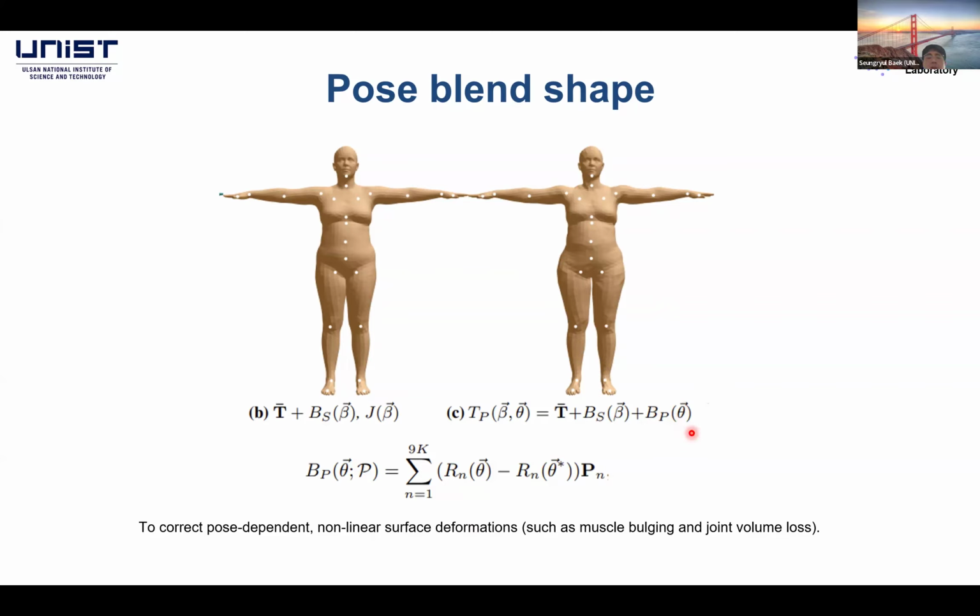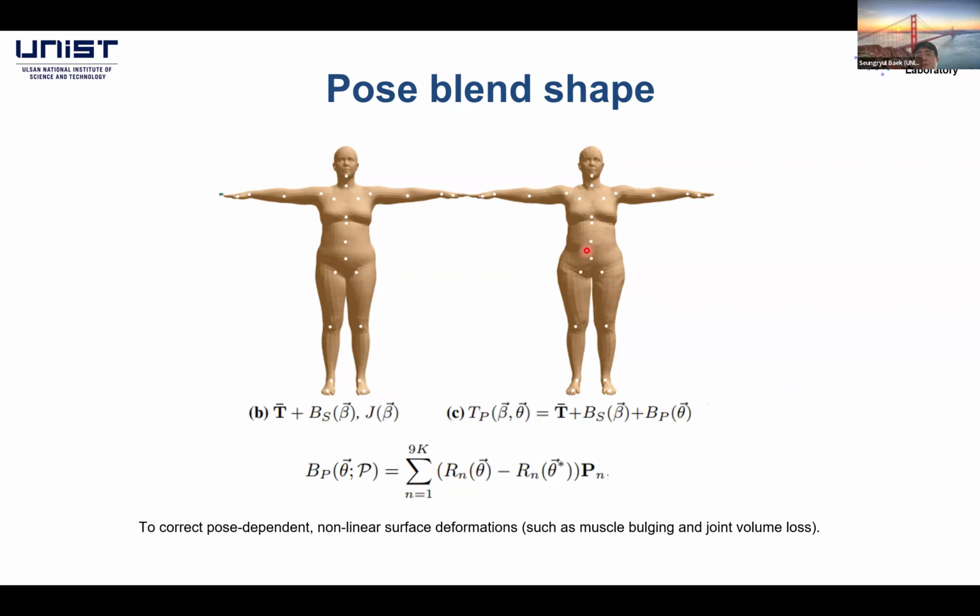Okay. Even though their variation is very small, this post-blend shape is considered because they want to model some muscle bulging or joint volume things. So anyways, they just want to finely model nonlinear surface deformation due to some muscle movement.